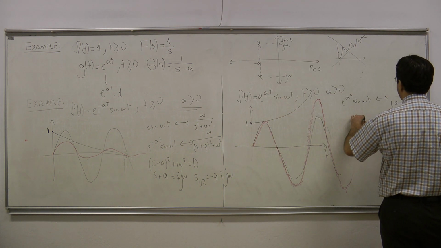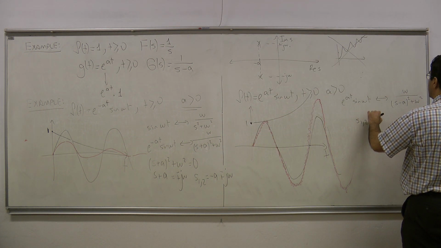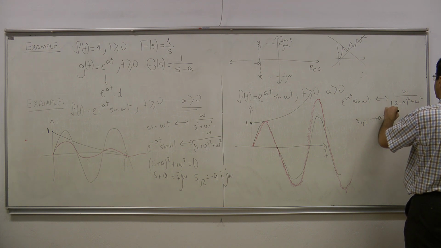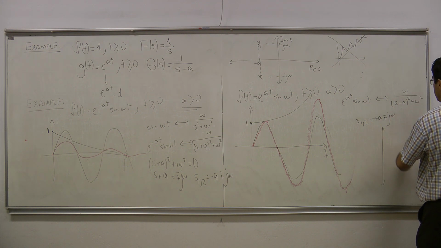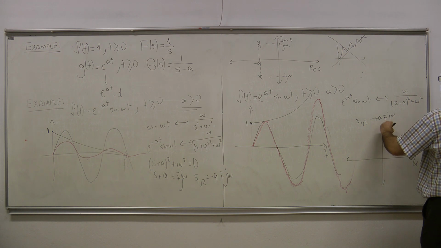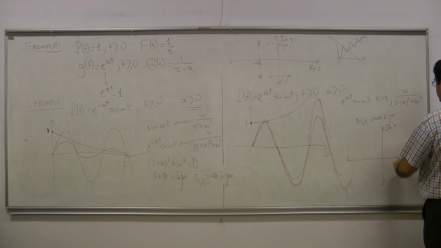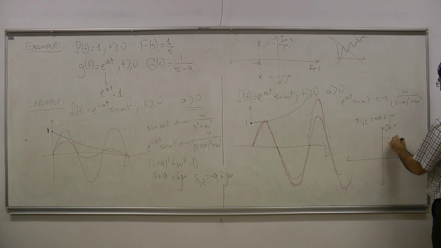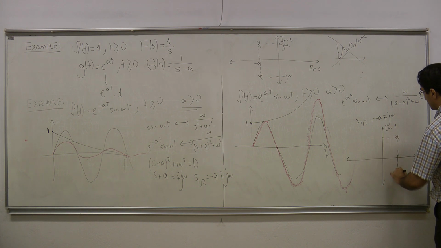Okay? So the pole locations are plus a plus minus j omega. And if I mark them on the complex plane, I would have plus a here and plus minus j omega. The pole locations will be here.